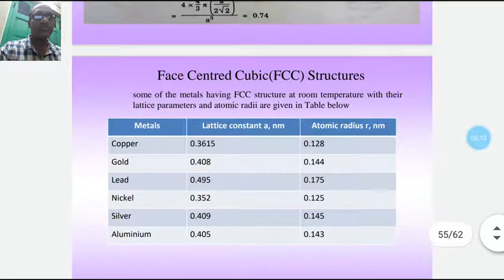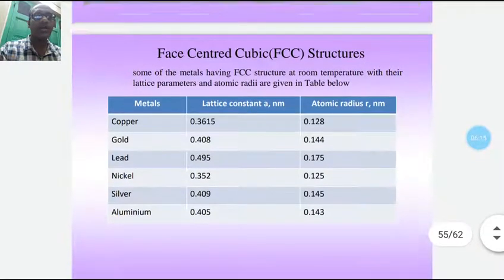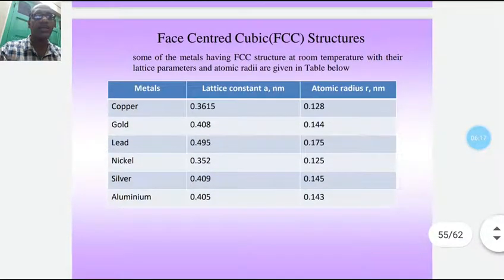Now some metals having FCC structure at room temperature, with their lattice parameter and atomic radius, are given here. The metals are, first, copper, with lattice constant a given in nanometer, and atomic radius also given in nanometer.